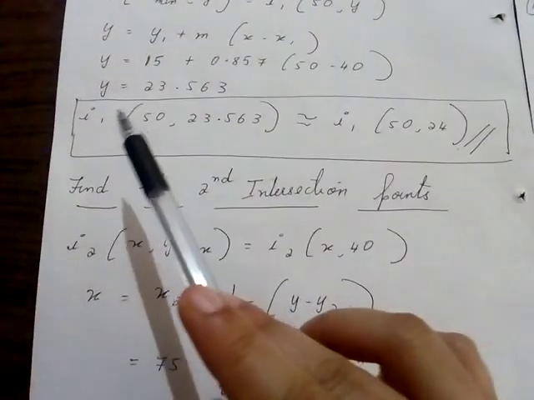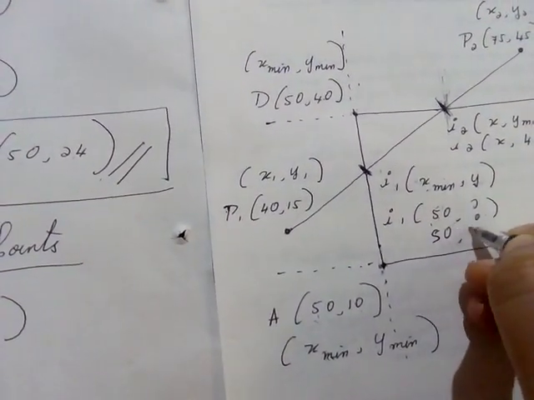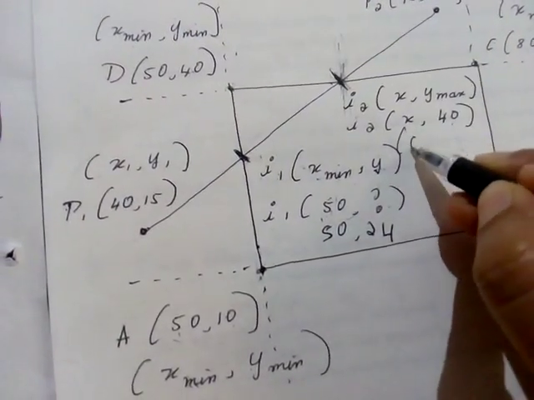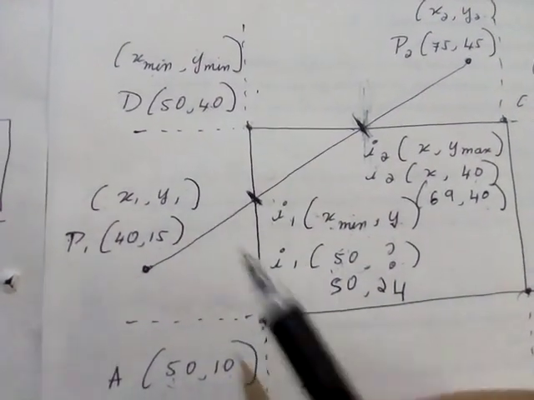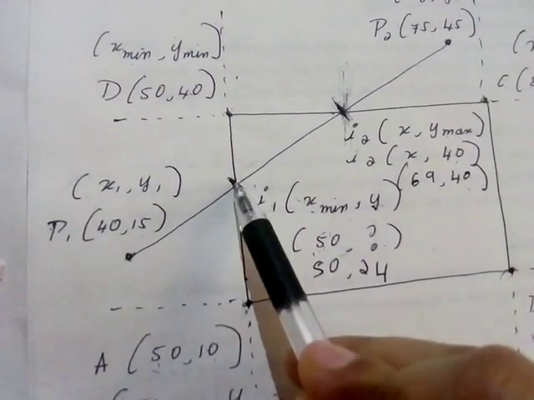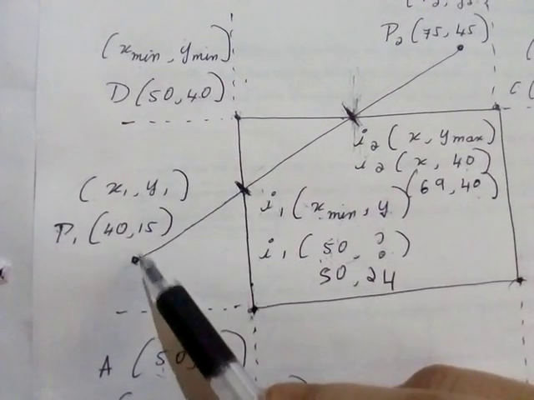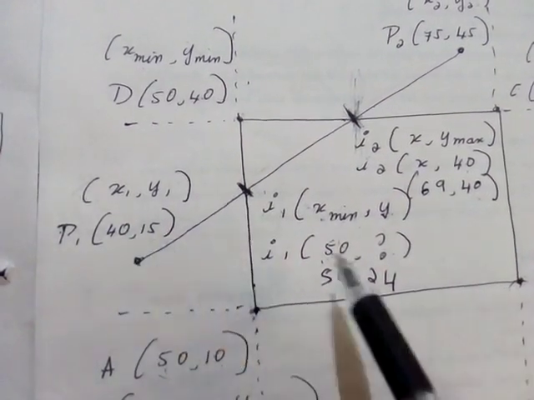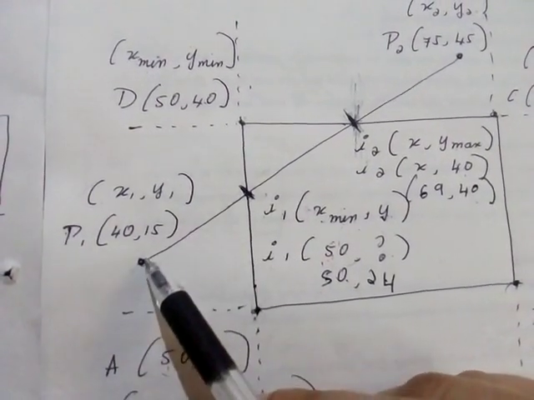Okay, so the intersection point I1 is 50 comma 24, and I2 is 69 comma 40. This means that the line from 40,15 to the first intersection I1, 50,24, should be clipped.